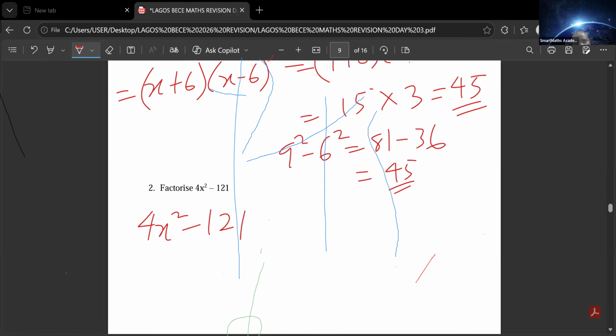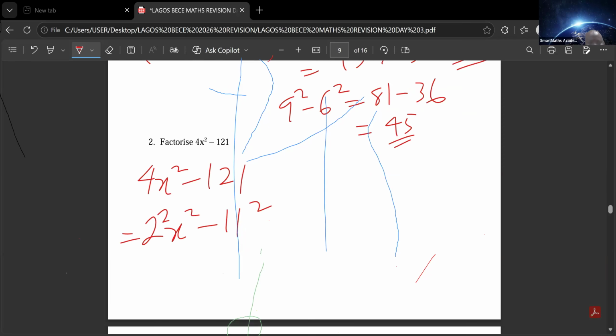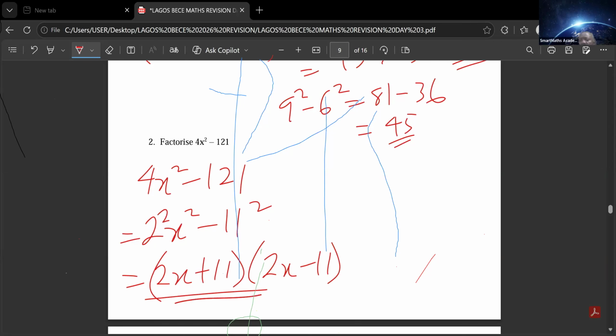So 4 is also a square number. In that case, this 4, I will take it to square. So that's going to be 2 squared, then x squared, minus 11 squared. All of them are squared. I'll just pick them and say, okay, 2x plus 11, then 2x minus 11. That's the answer. Is this clear to you?